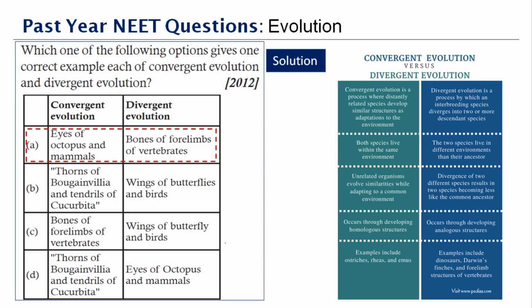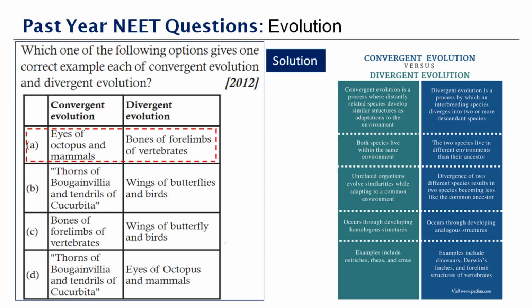Divergent is the evolution process by which interbreeding species diverge into two or more descendant species. Both live within the same environment when it comes to convergent, and divergent will be different. Convergent will be unrelated organisms, while divergent will be two different species resulting from a common ancestor.